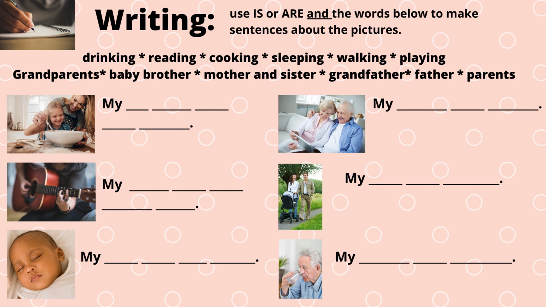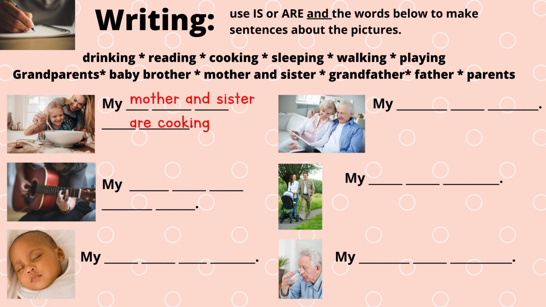The first picture is of a mother and a sister. So I am going to write the sentence, my mother and sister are cooking.